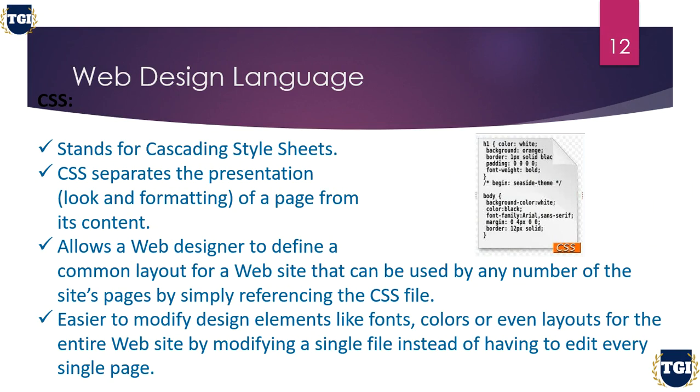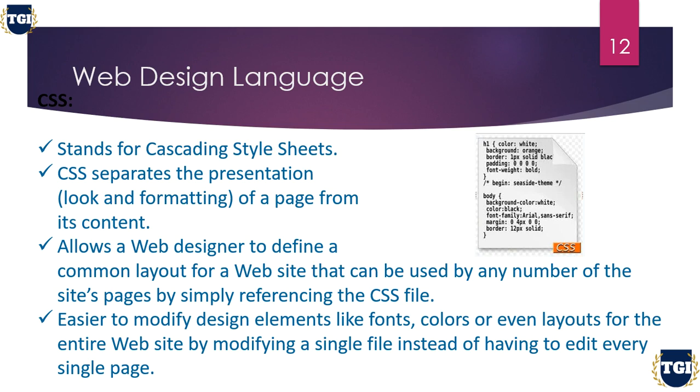Then we have the almighty CSS, which stands for Cascading Style Sheets. CSS separates the presentation, the look and formatting of a page, from its content. With CSS, it gives that dynamism, that beauty of a website. If you see websites with landing pages where things just move in and move around, those are done by Cascading Style Sheets.